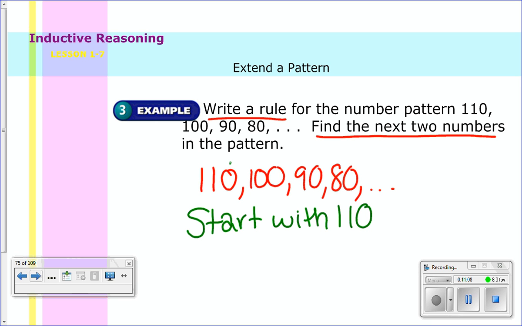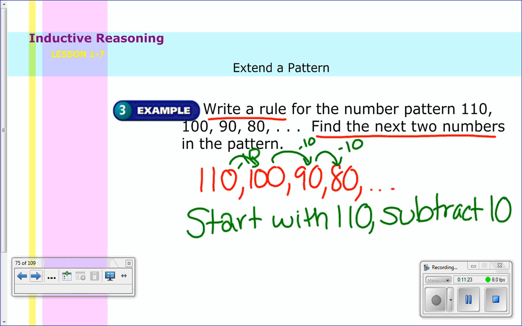Well, to go from 110 to 100, I'm subtracting 10, subtract 10, and so on. So you're going to subtract 10. And in fact, I might actually add "and" in there. So start with 110 and then subtract 10 each time. There we go. I wrote my rule.